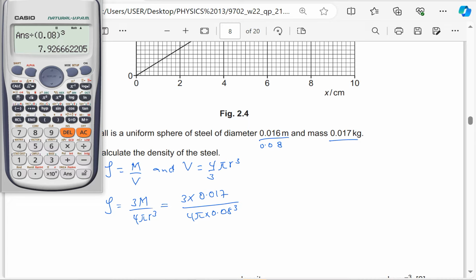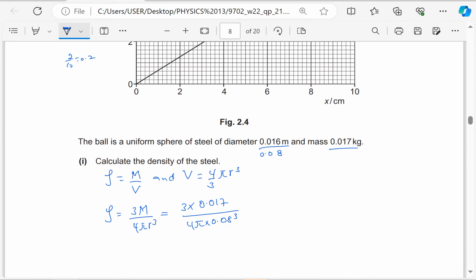Okay, so I'm getting 7.9 times 10 to the power of, I don't know why I don't trust this answer.